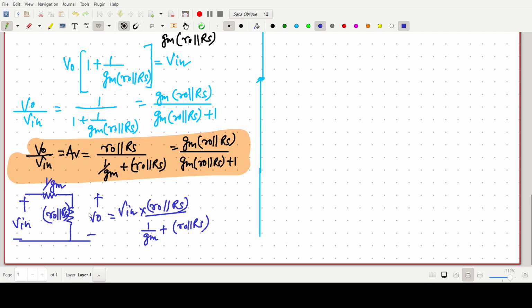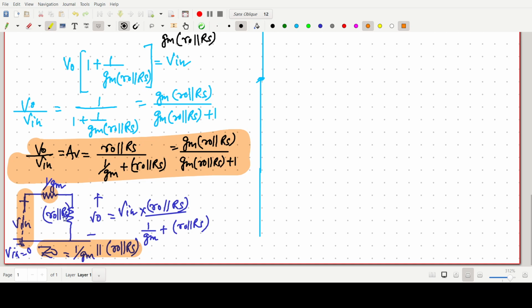This one is the output gain, and if we have to find the output impedance, that is our Z naught, we have to keep V in at 0. Okay, we have to make it ground. So if we make it ground, it should be 1 by gm parallel with R naught parallel with RS. So this is a very important observation we can find by keeping V in grounded.